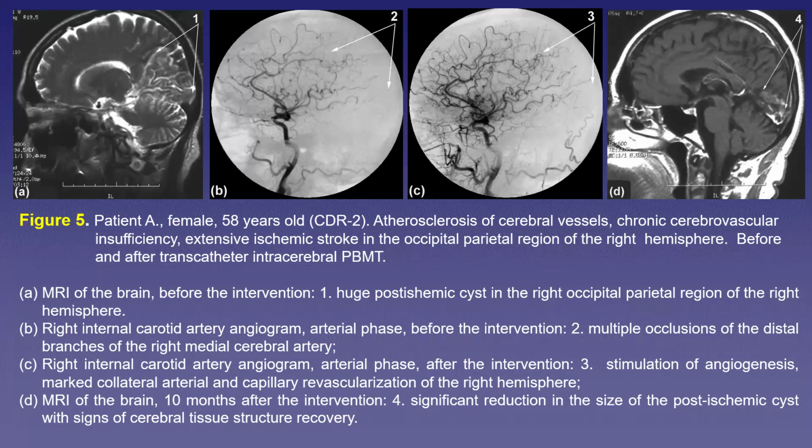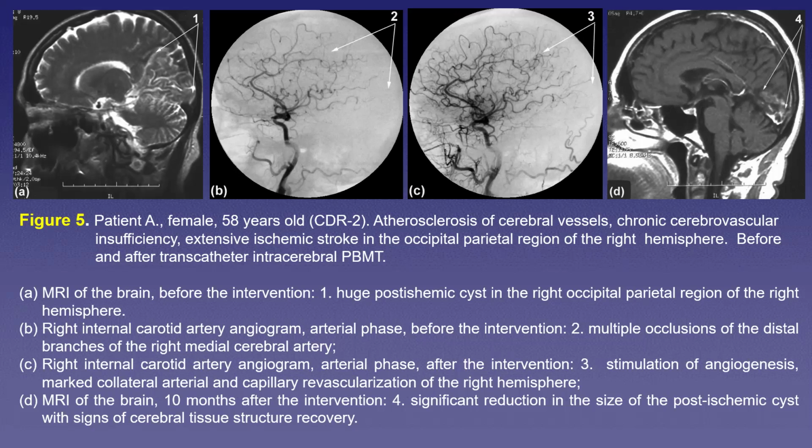In figure A, you see MRI of the brain before the intervention, which shows huge post-ischemic cyst in the right occipital parietal region of the right hemisphere. In figure B, you see right internal carotid artery angiogram, arterial phase, before the intervention, which shows multiple occlusions of the distal branches of the right medial cerebral artery.